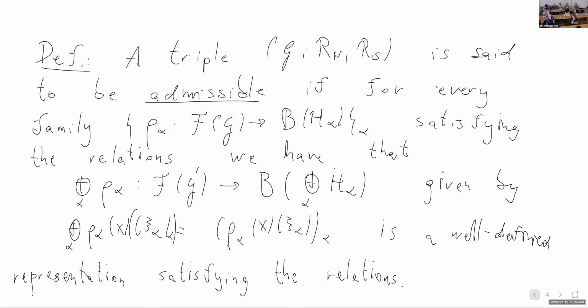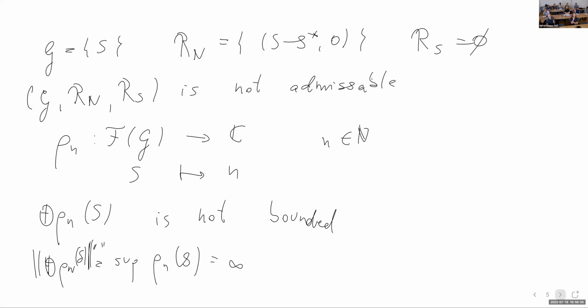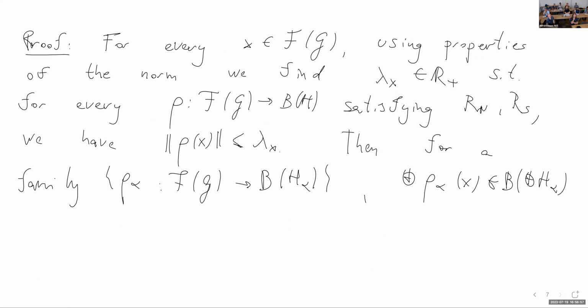So this is bounded, and as we were talking before, it's kind of easy to show that this direct sum is going to satisfy the norm relations.